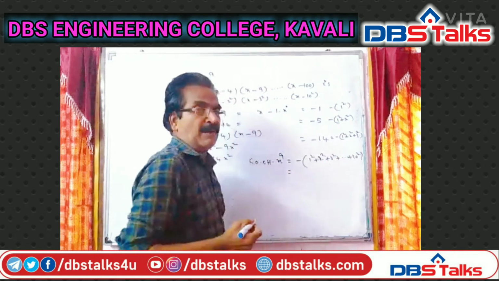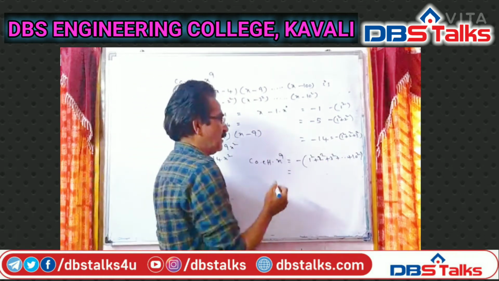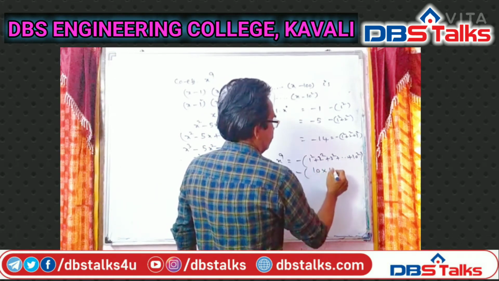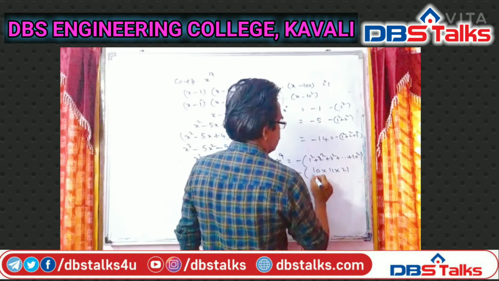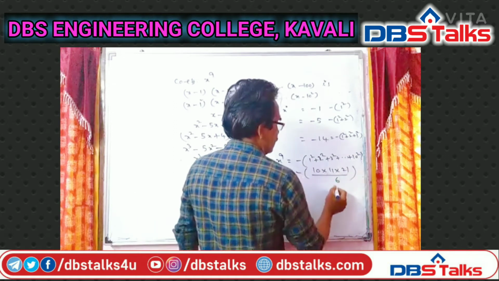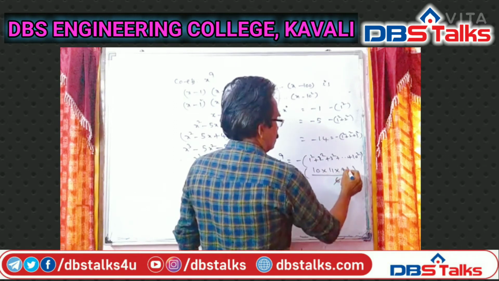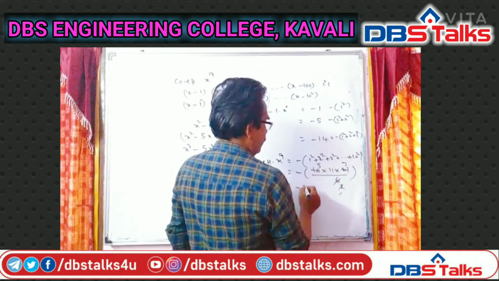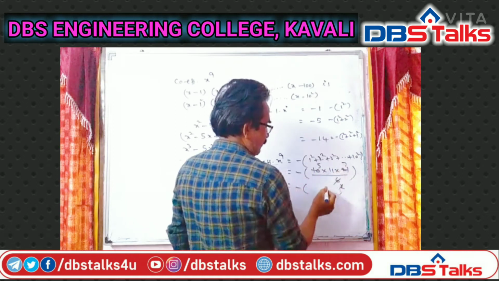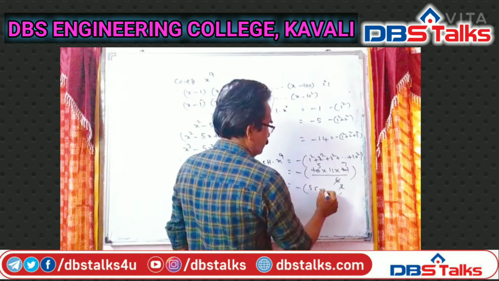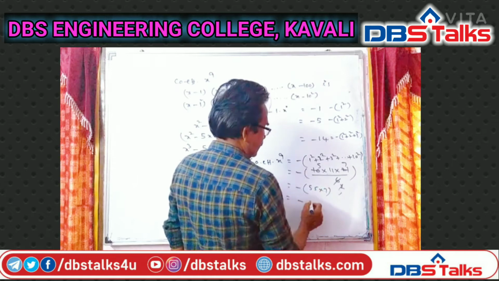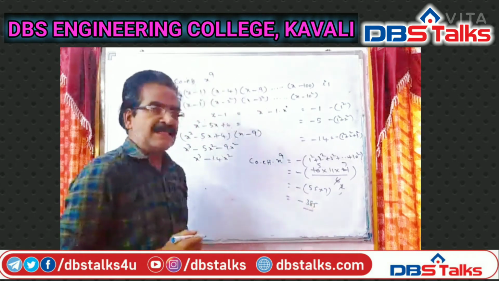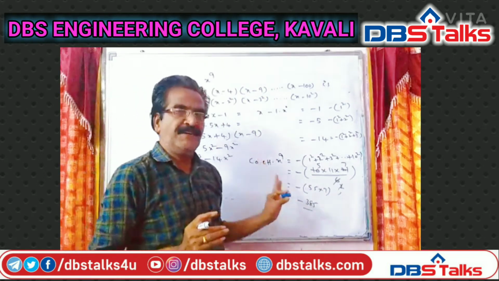This is equal to the sum of squares of natural numbers, minus of n into n plus 1 into 2n plus 1 by 6. That is minus of 10 into 11 into 21 by 6, which gives minus of 55 into 7, that is minus 385. Minus 385 is your answer, friends.